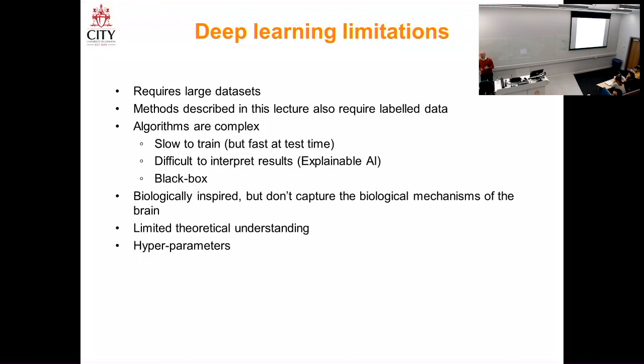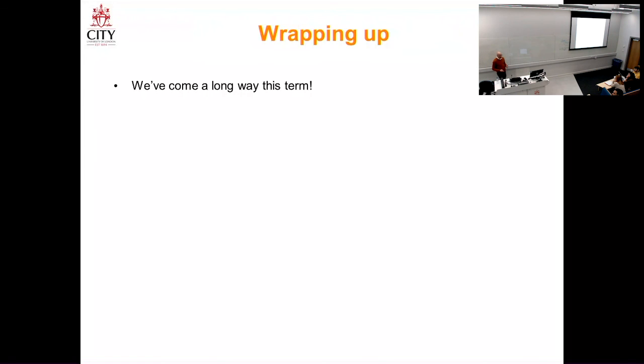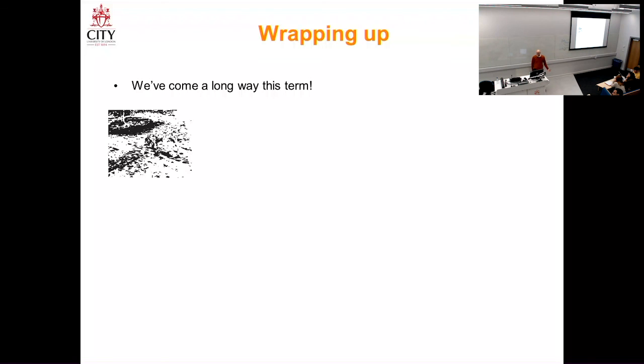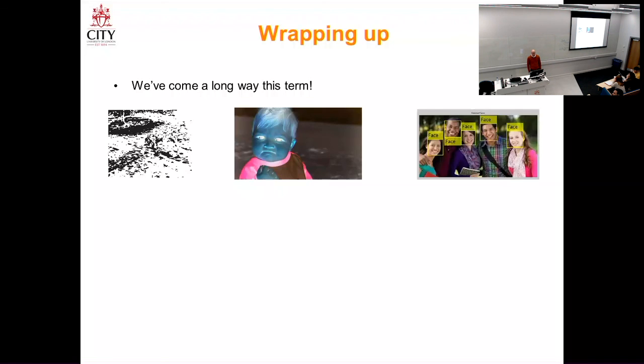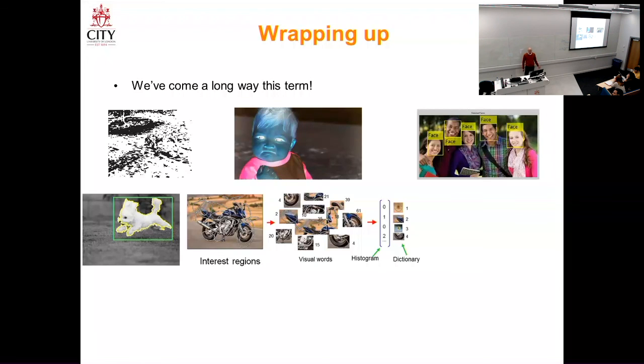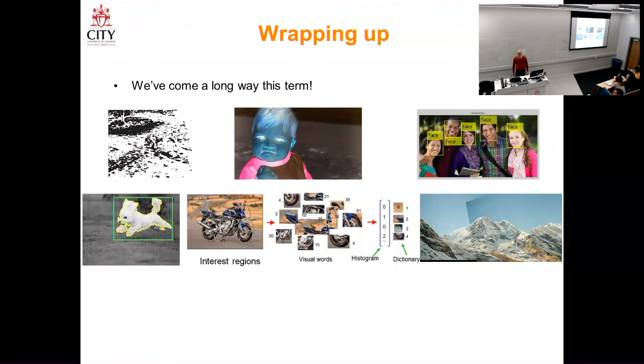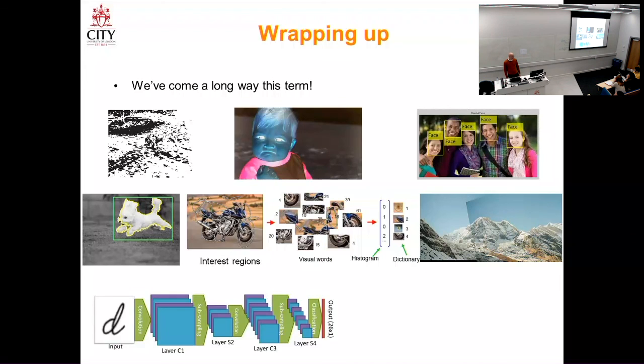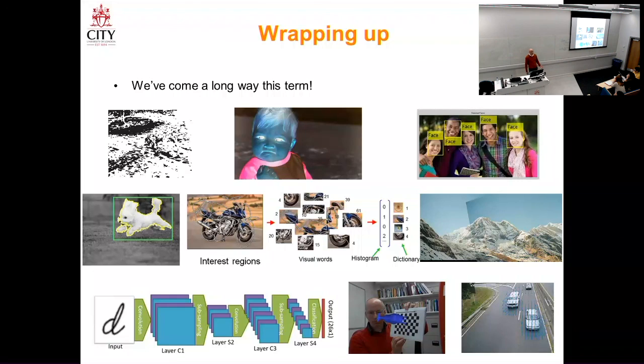Any other questions? Okay, what I'd like to do in the last couple minutes is sort of wrap up this module. We've had 10 lectures, and I hope you've enjoyed them all. Just a quick recap, we've come a long way this term. We've looked at things like image processing, face detection, segmentation, image understanding, features, image warping, image classification, CNNs, augmented reality, optical flow.